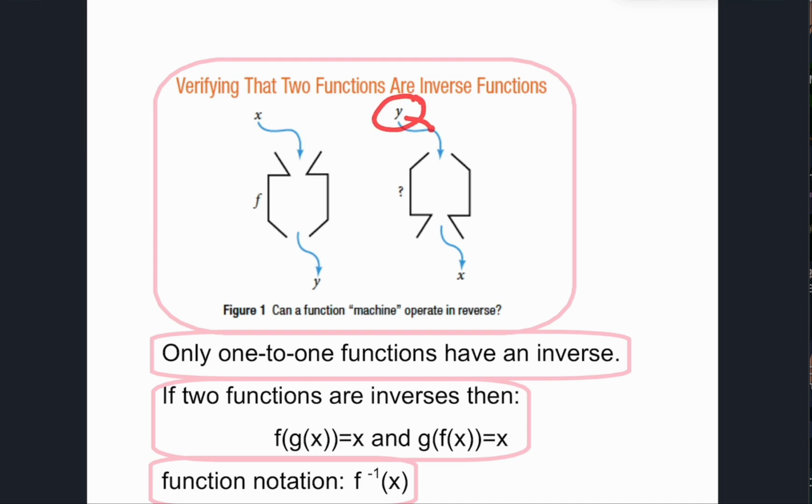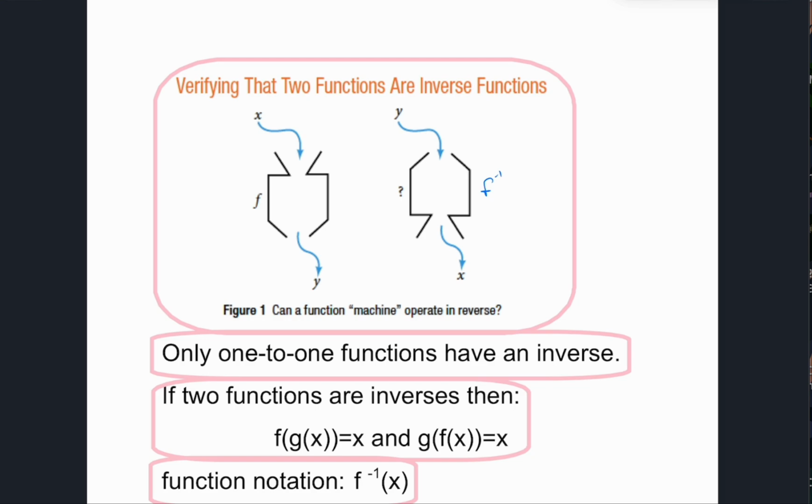So a y goes in, becomes an x. Now the notation of an inverse is you just put a little -1 next to whatever they have named the function. So if you see here, our function is an f, you can write that as f to that little -1. You read that as f inverse.